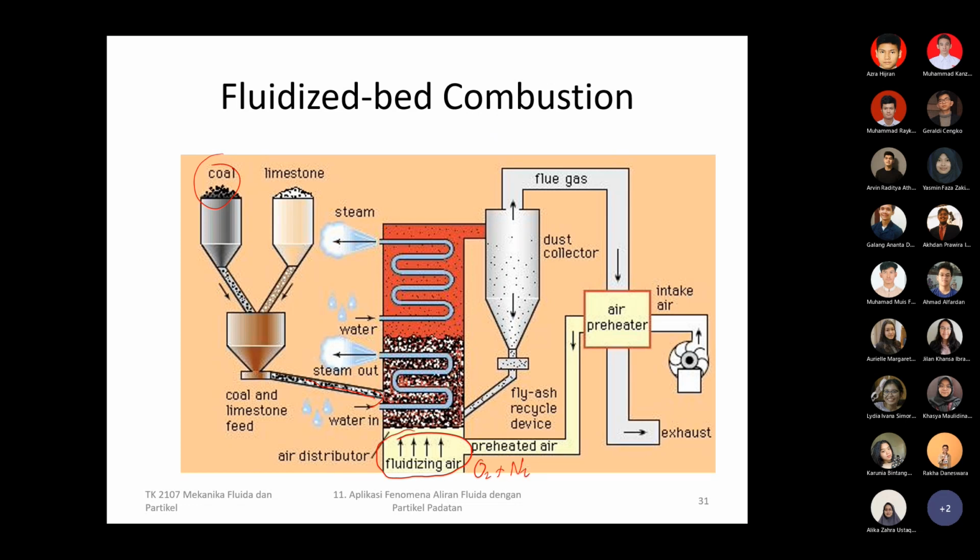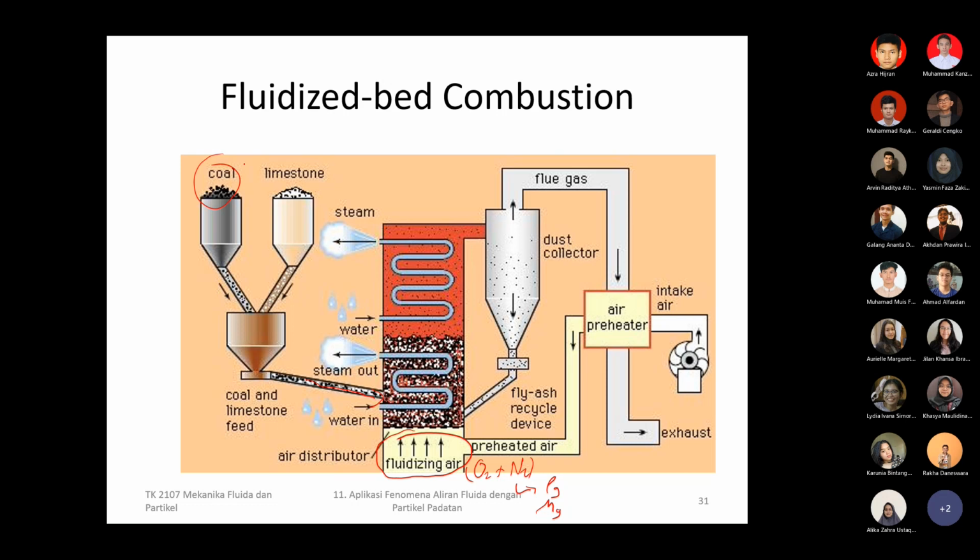When we're talking about the physical properties of the components involved in fluidized bed combustion, when we talk about the density of the gas, we are talking about oxygen and nitrogen. When we talk about the viscosity of the gas, we're talking about the viscosity of the oxygen and nitrogen sent from the bottom of the column.